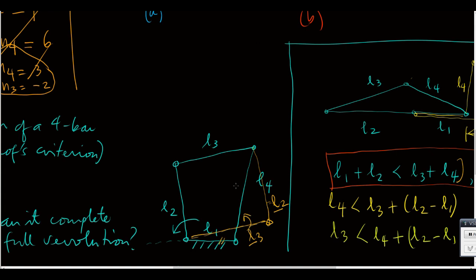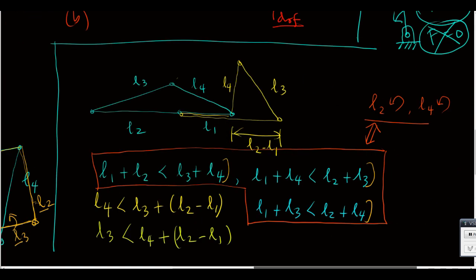And now you will notice that by construction, this is a peculiar 6-link mechanism, but by construction, this is always a parallelogram. That means the angular position of this link and this link are the same. This is always parallel to that. L3 is always parallel to L3 underline. Therefore, if L3 underline makes a full revolution relative to L1, then L3 also makes a full revolution relative to L1.